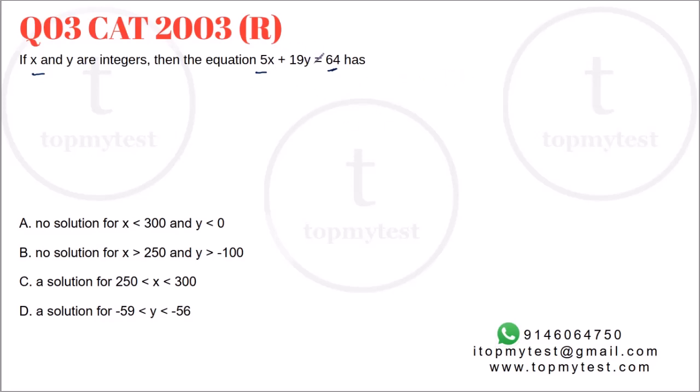So let's try to fix this. y will be equal to (64 minus 5x) divided by 19. Now, for y to be an integer, 64 minus 5x should be a multiple of 19.